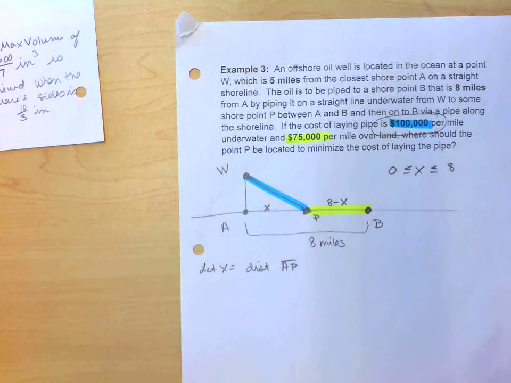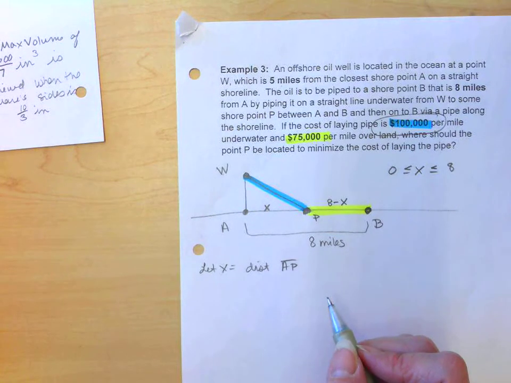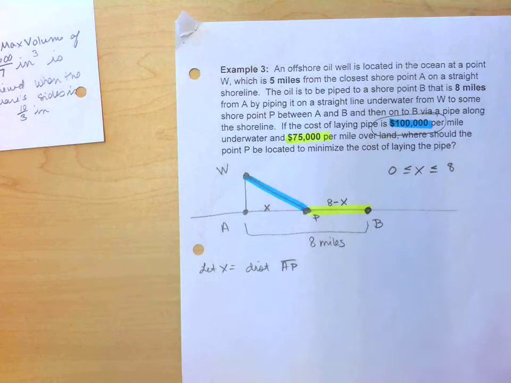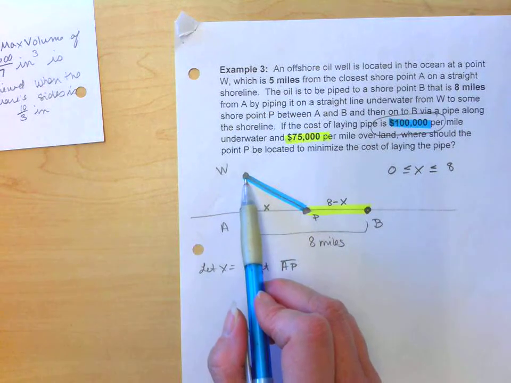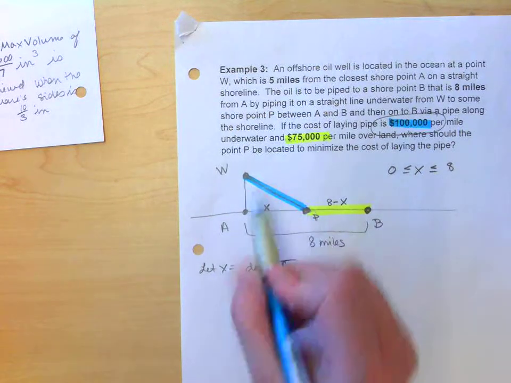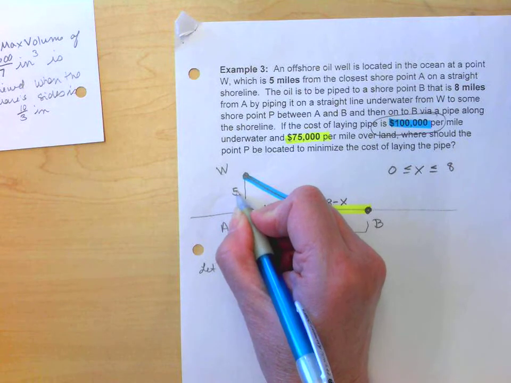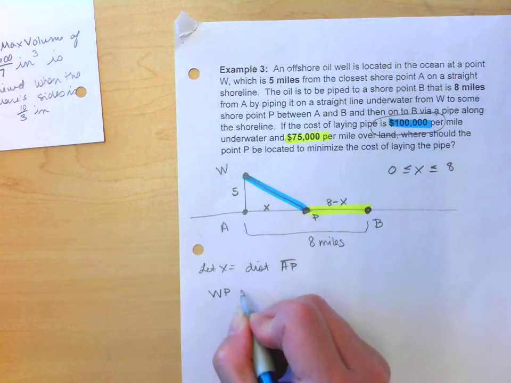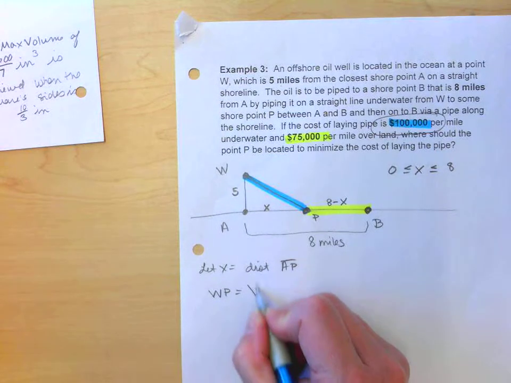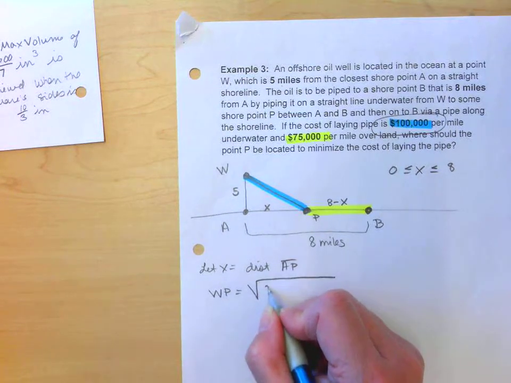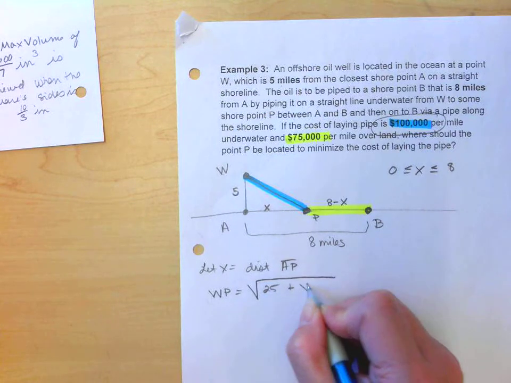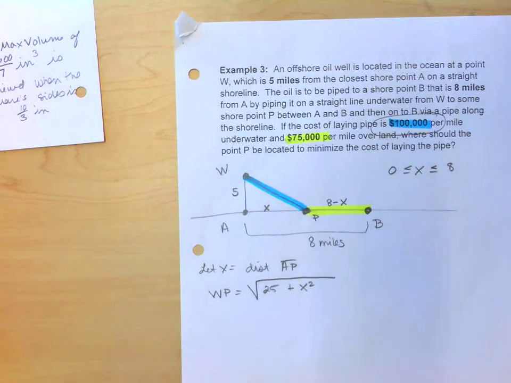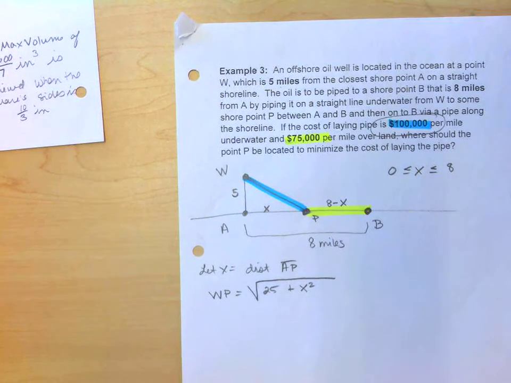The last piece of information we could draw is the Pythagorean theorem. We know this distance is 5. So the distance from W to P is going to be the square root of 5 squared plus x squared. So that's the different information we have to work with.